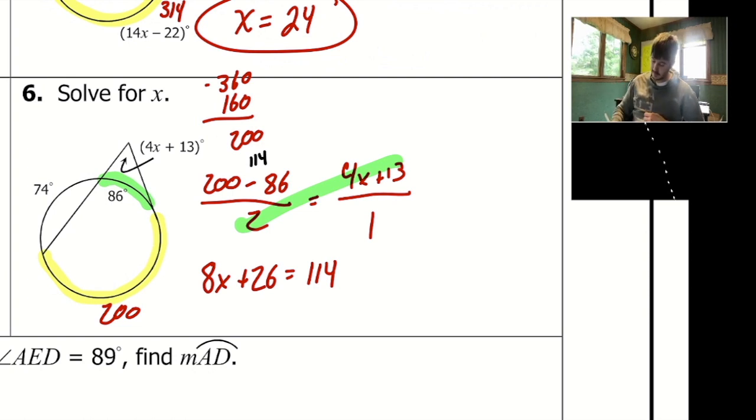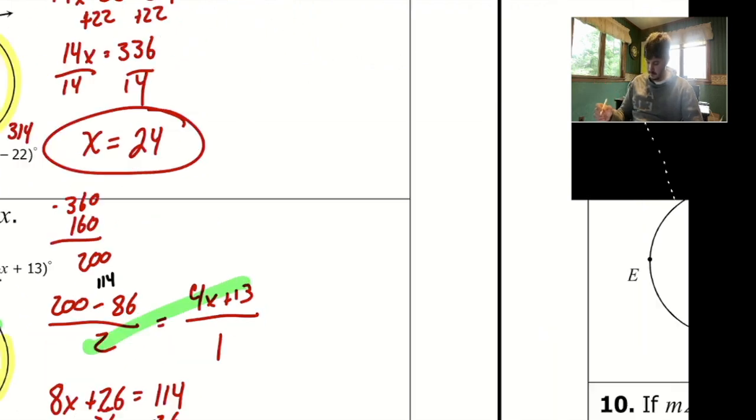So subtract 26. So we get 8x equals 88, which is going to divide out very nicely. 8 divided into 88 is 11.